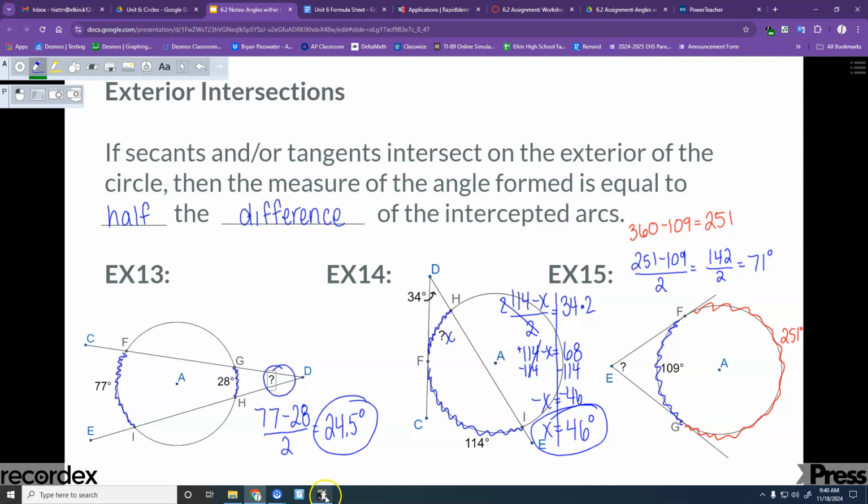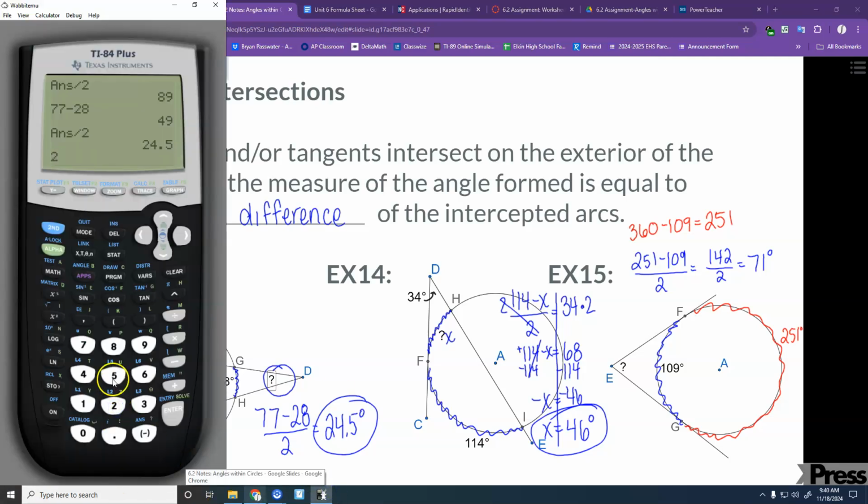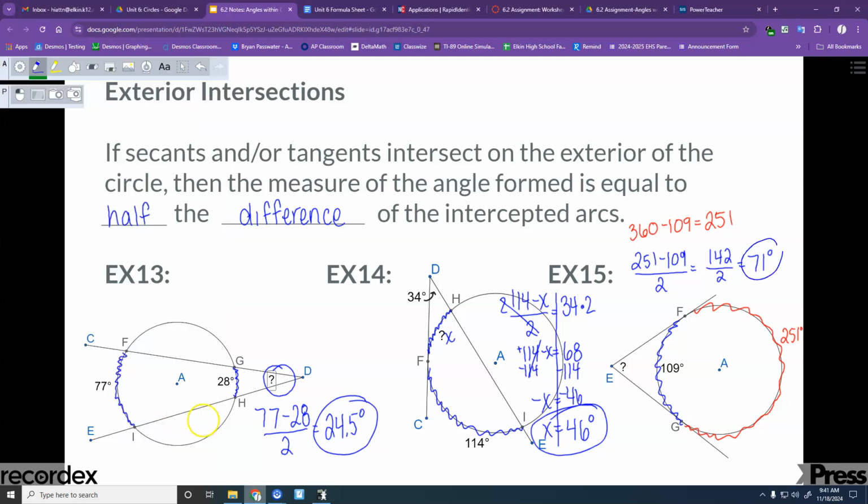Might need to grab the calculator on that to make sure. Yep. So 71 would be this angle out here. All right. Questions on that?